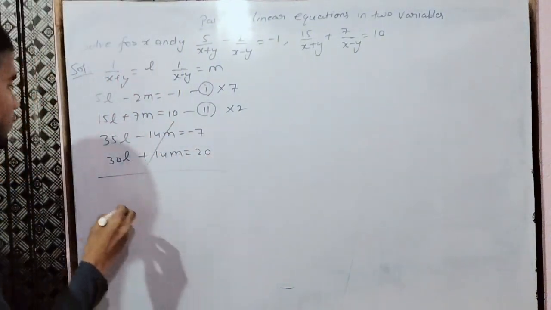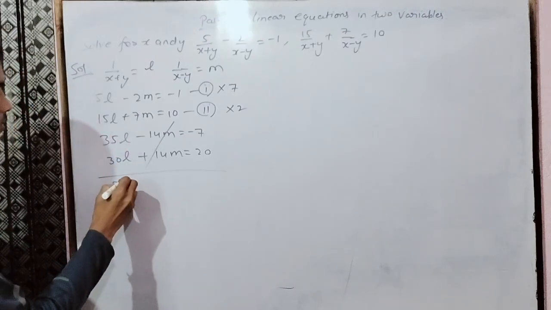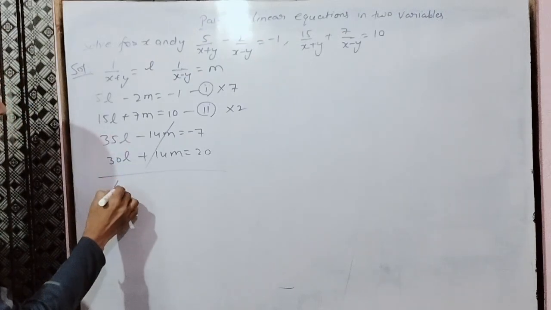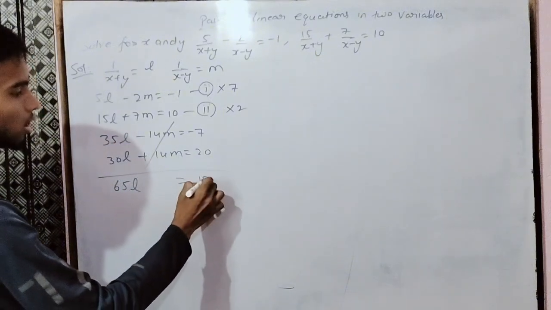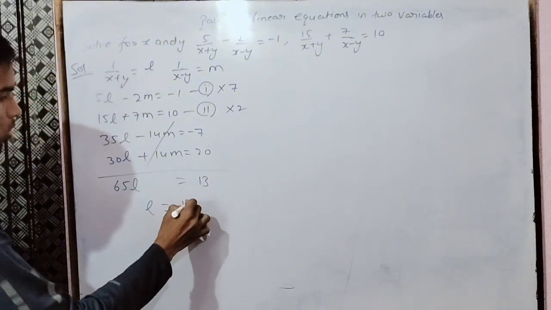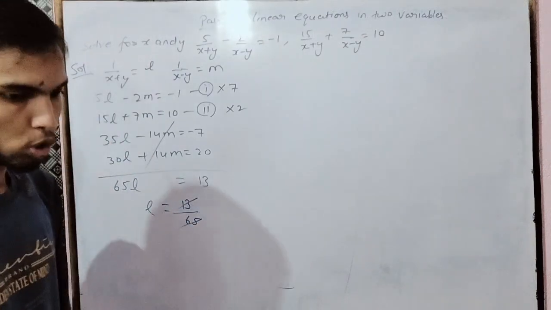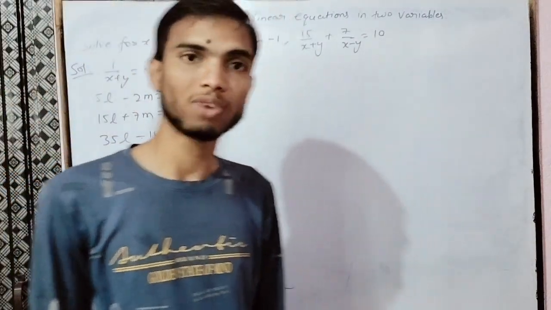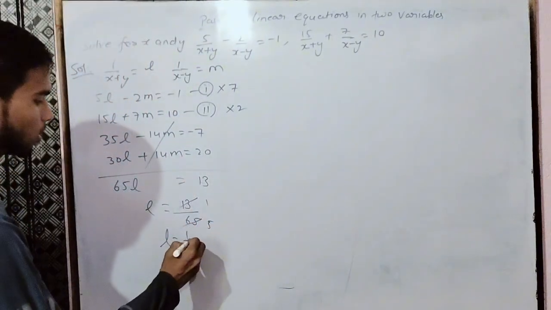After cancelling this, we are left with 65l, and here we have 13. So 13 upon 65. So I think 1 upon 5. So l came as 1 upon 5.